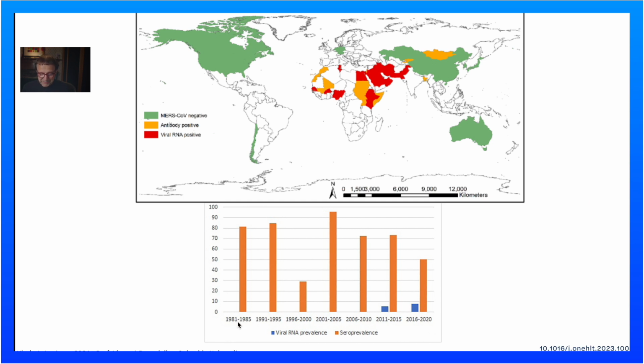You can see samples of camel serum. These dromedary camel sera from the 1980s are antibody positive against MERS coronavirus. So this virus has been circulating for many years, probably over 100 years in camels, and either it never infected humans or we didn't notice it.